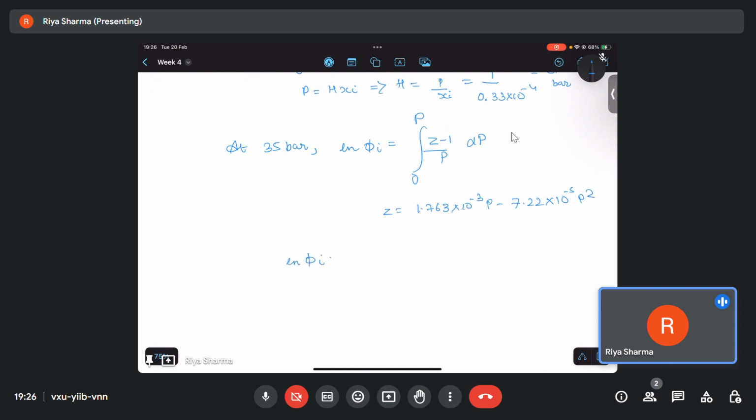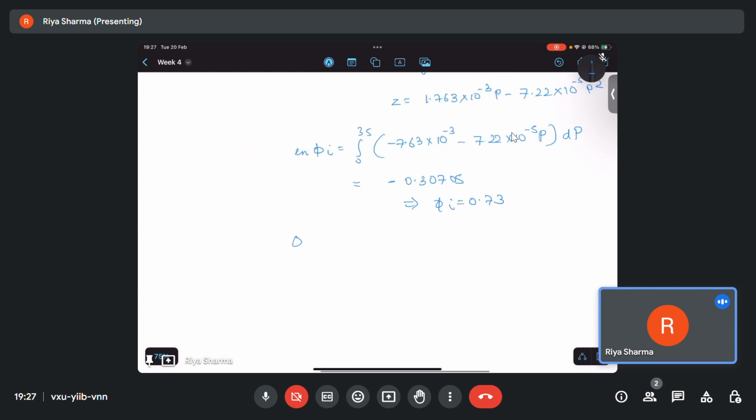Ln of phi i is equal to the integral from 0 to 35 of... dP, which is equal to, now only you have to solve it.